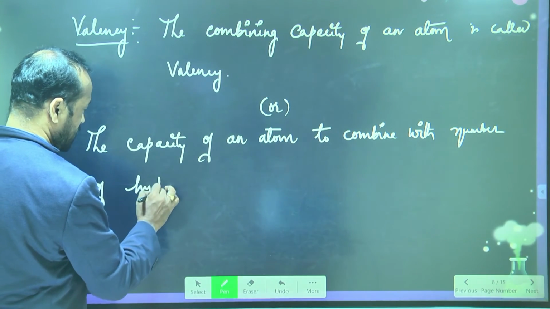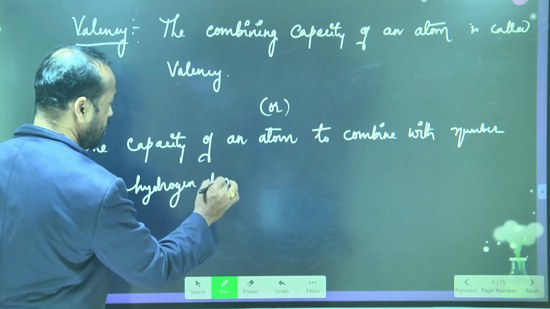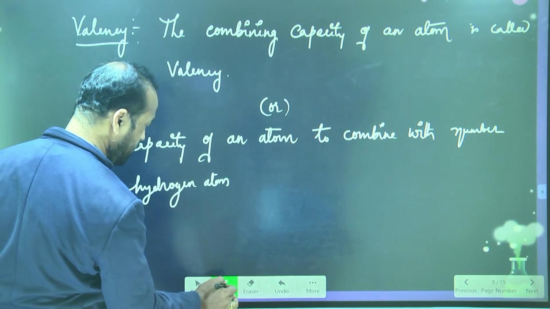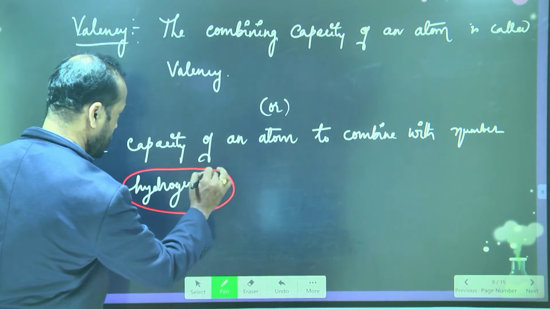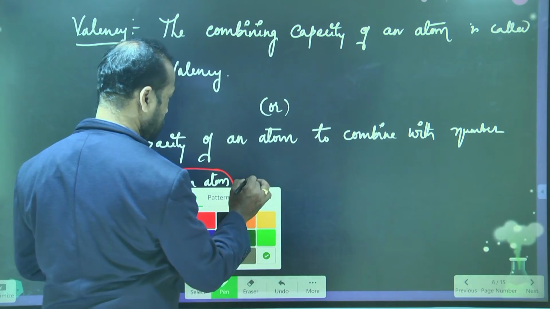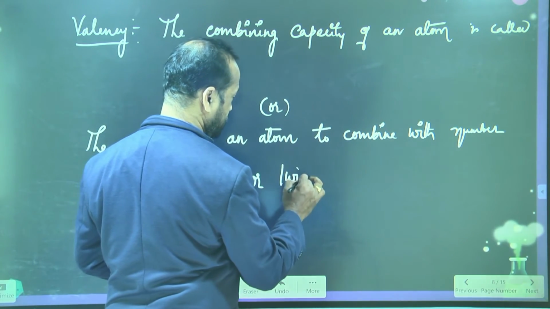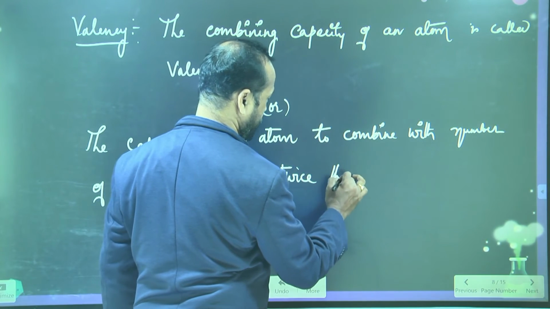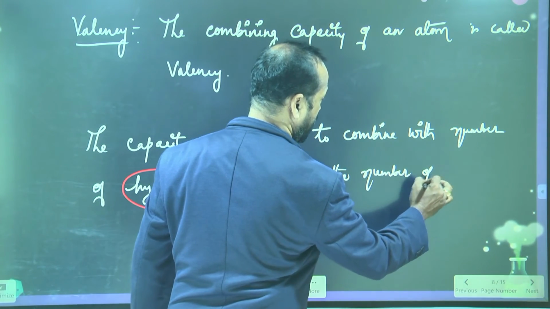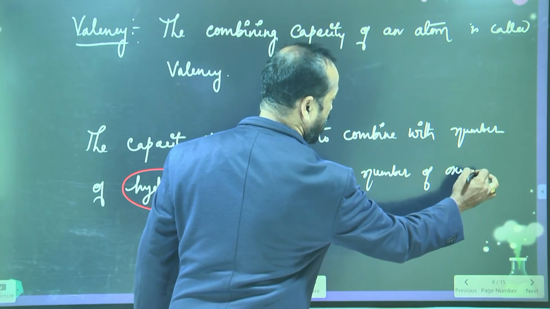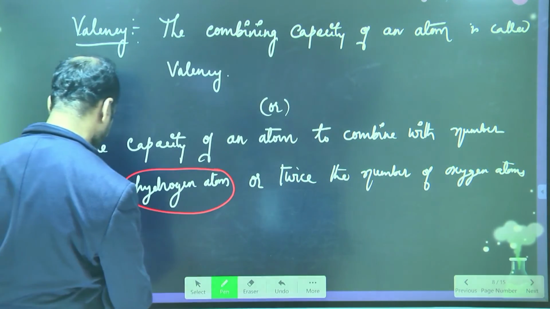Very important, this one. Hydrogen atoms. Or twice the number of oxygen atoms is called valency.